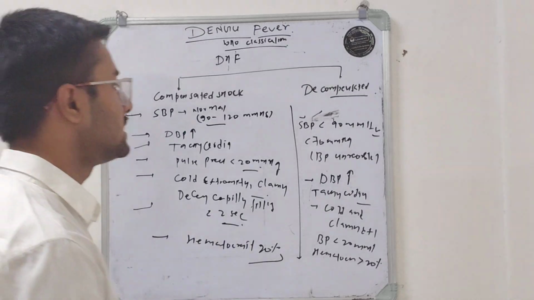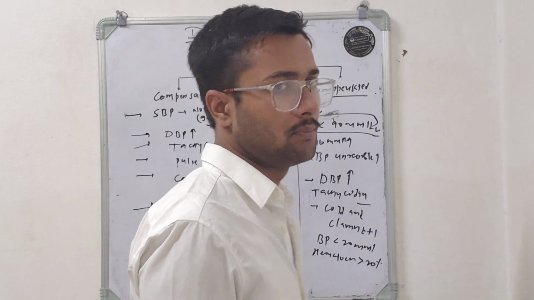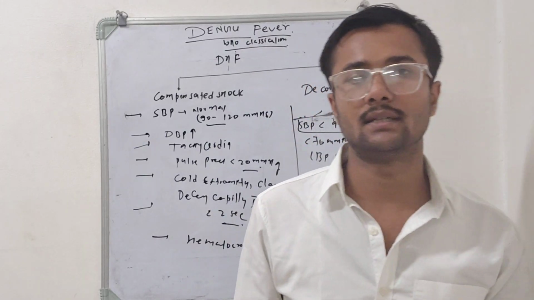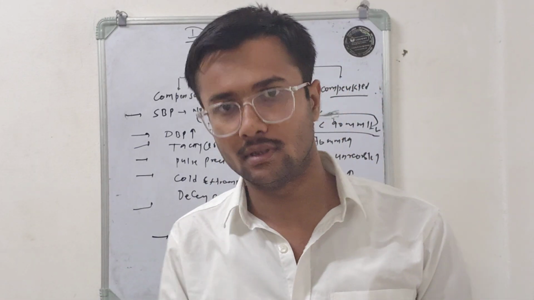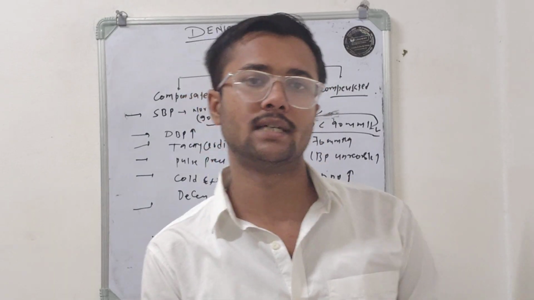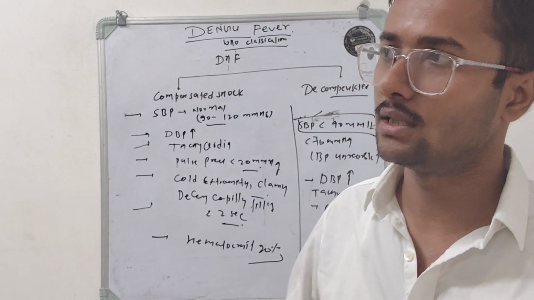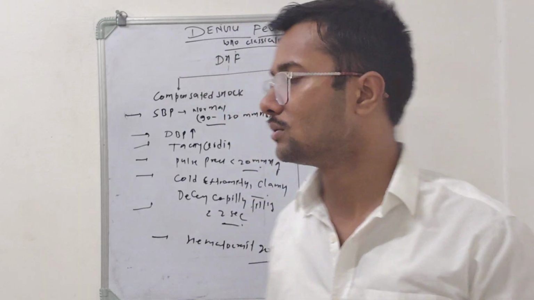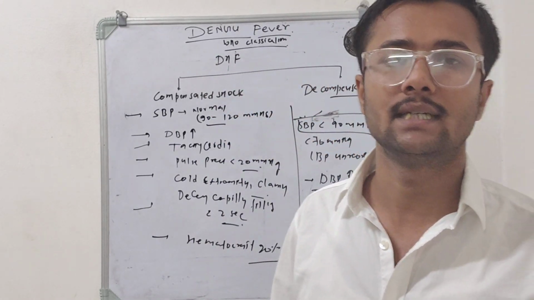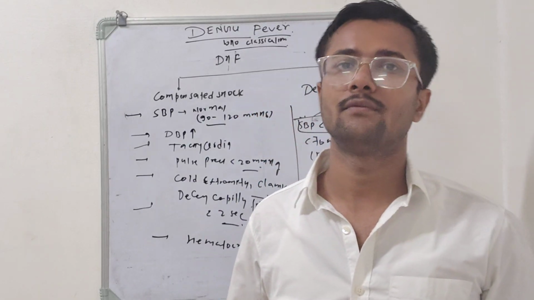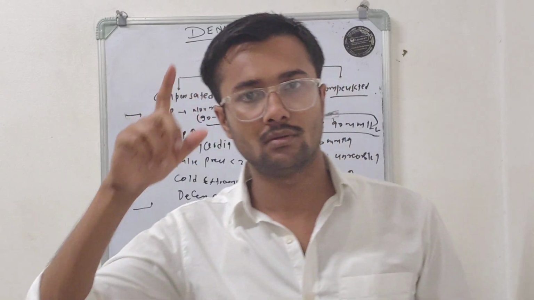The major difference is seen in the systolic BP. If systolic BP is normal, then the patient is in the compensated stage. If systolic BP is less than normal, I mean the patient is in the hypotension stage, then we can say that the patient has entered the decompensated stage. So this is all about the clinical features of dengue hemorrhagic fever. In the next video, we are going to discuss its management. So good night.